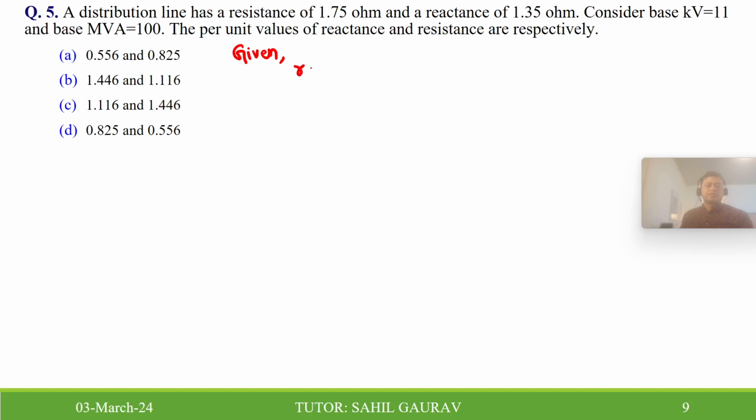Given resistance value as 1.75 ohm and reactance value as 1.35 ohm, base kV as 11 kV and base MVA as 100 MVA.